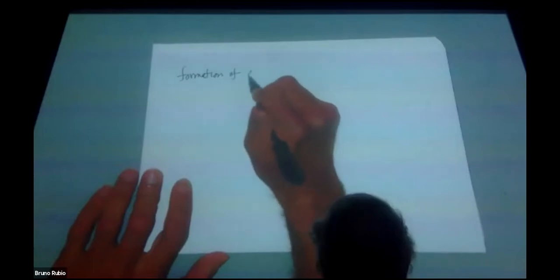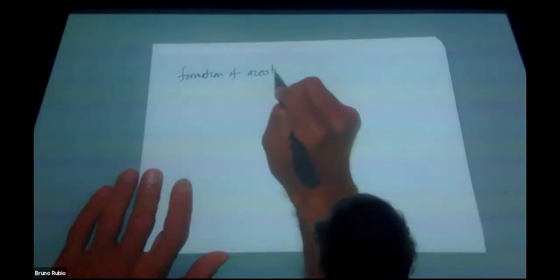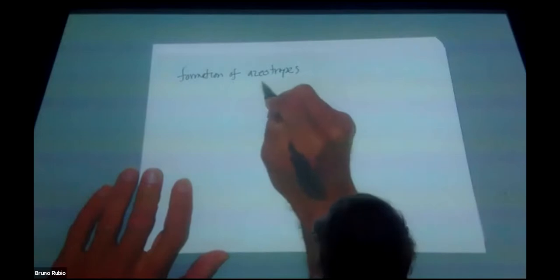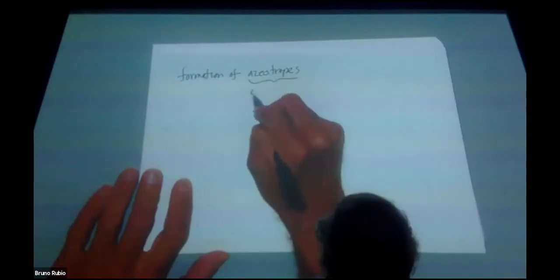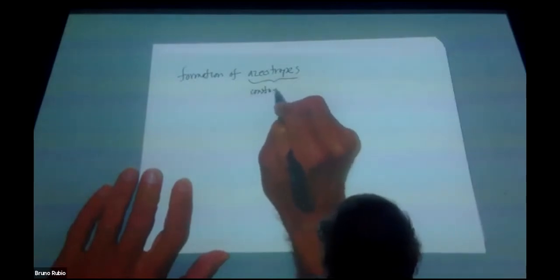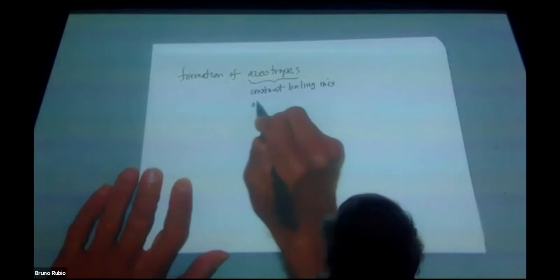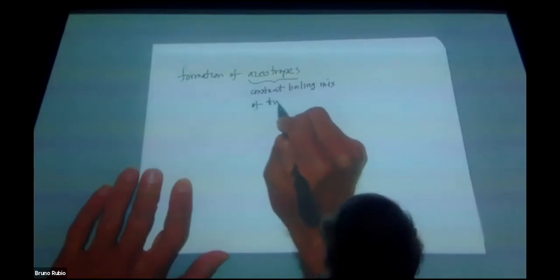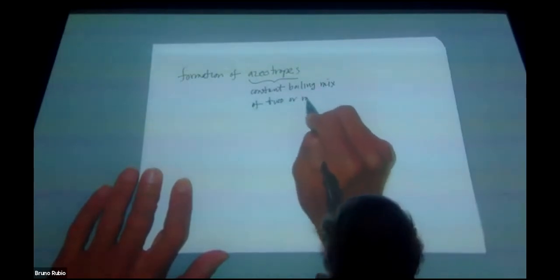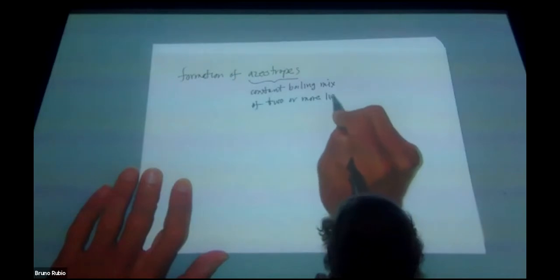Now, there is a problem with distillation, and one of the major problems with distillation is the formation of azeotropes. An azeotrope is a constant boiling mixture of two or more liquids.